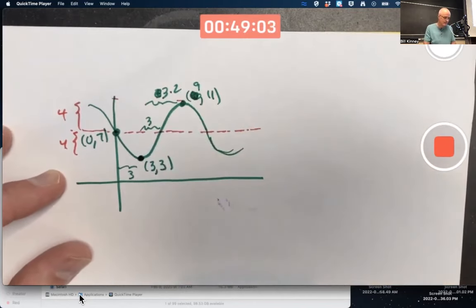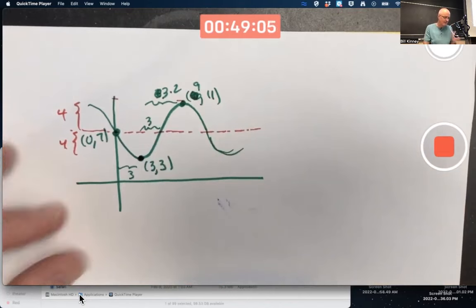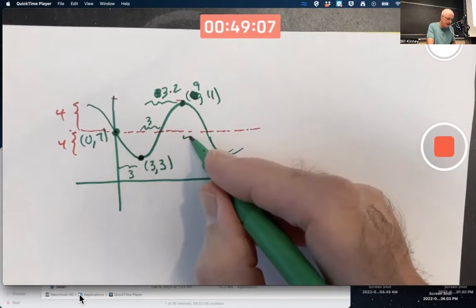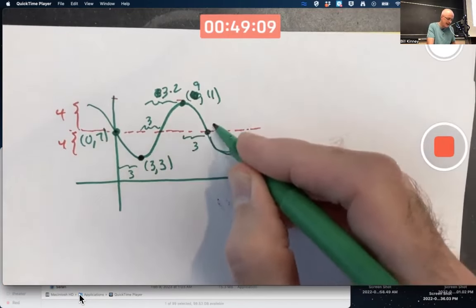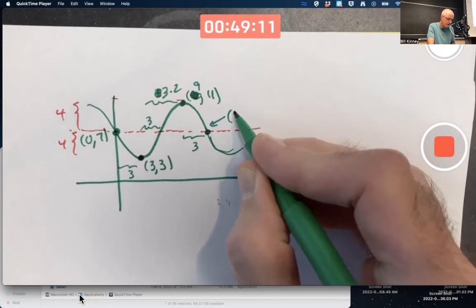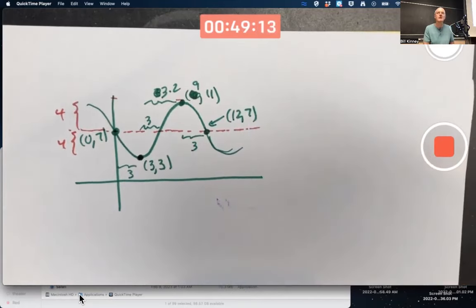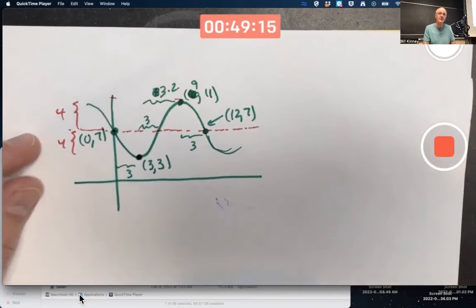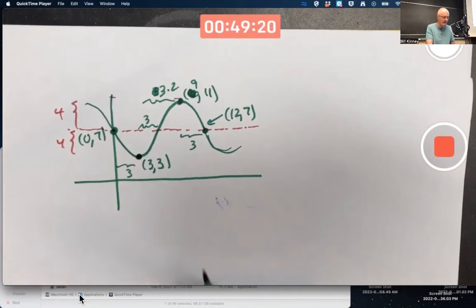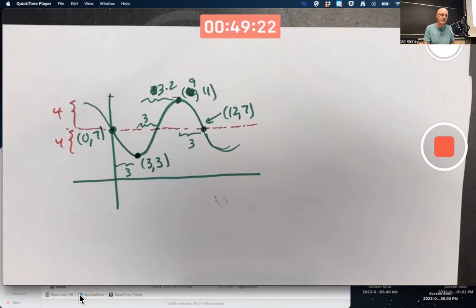Okay, easy to get confused. This distance right here is also going to be 3. This point has got to have coordinates 12, 7. So the amplitude is 4. By symmetry, I was able to figure out other important points' coordinates.